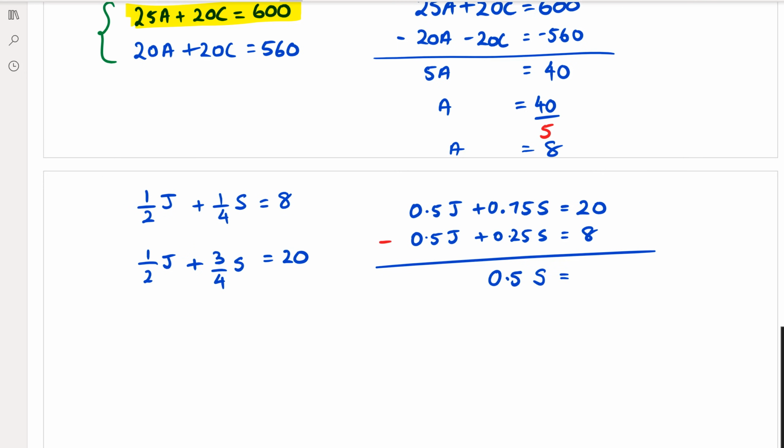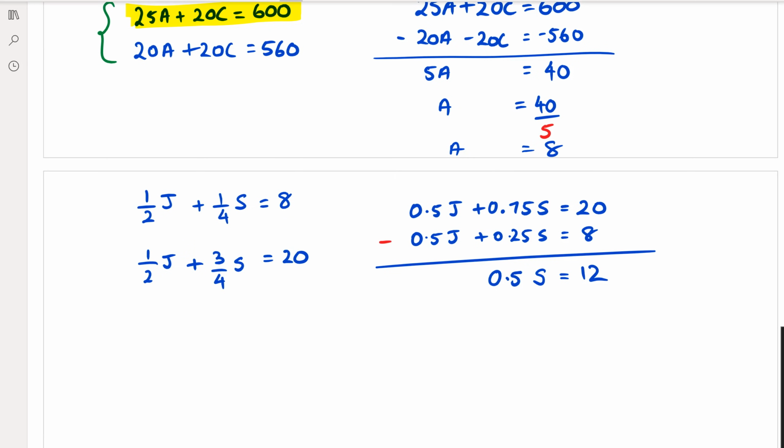0.75S minus 0.25S is going to give me 0.5S equals 20 take away 8, which is 12. So what this tells me is half of Samantha's group is equal to 12 members.